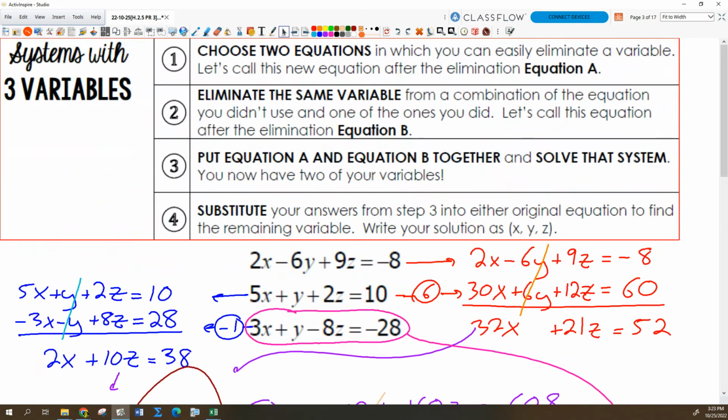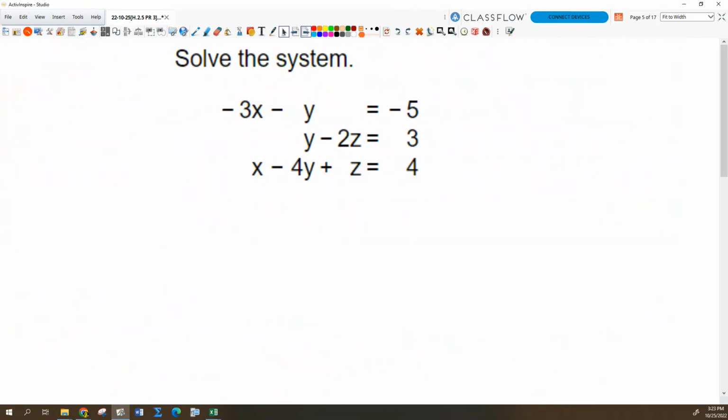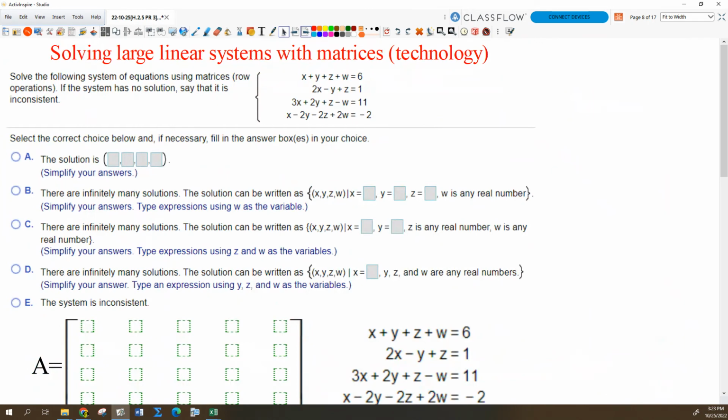Same thing's going on here with a 4x4 system. This could be something like an application where x is the price of a chair, y is the price of a sofa, z is the price of a refrigerator, w is the price of an oven. And we're saying that certain combinations of different numbers of each of those appliances would cost a certain amount of money.